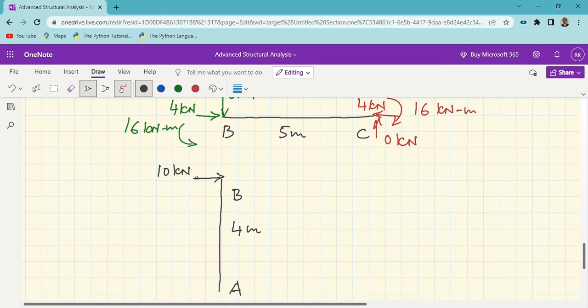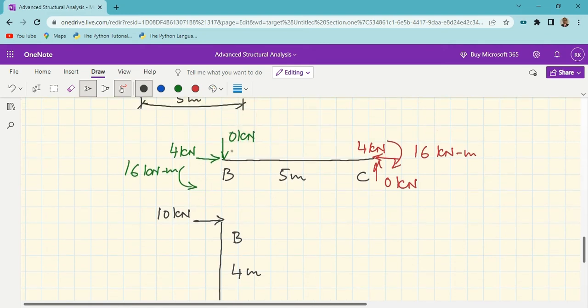So this 10 kilonewton acting force, and then I need to transfer equal forces but opposite in direction from joint B in the portion BC to joint B in the portion BA. So I need to transfer this 0 kilonewton acting downwards as 0 kilonewton acting upwards.